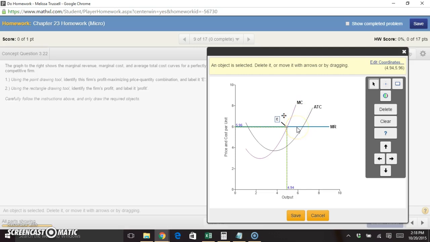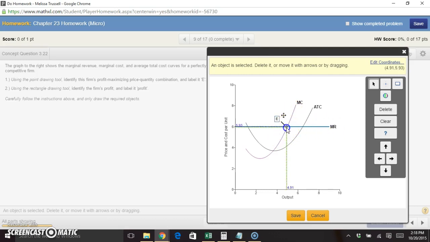So I definitely don't want to produce more than that, because then I'm starting to lose money. I'm costing myself more than I'm getting back from that additional product. So to maximize our profit, we want to produce exactly the amount where our marginal cost equals our marginal revenue.